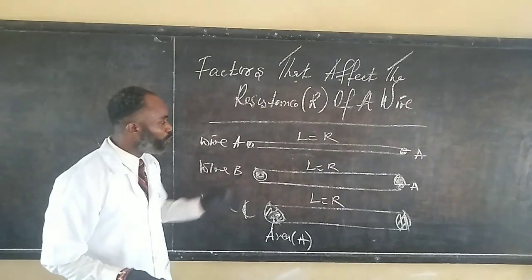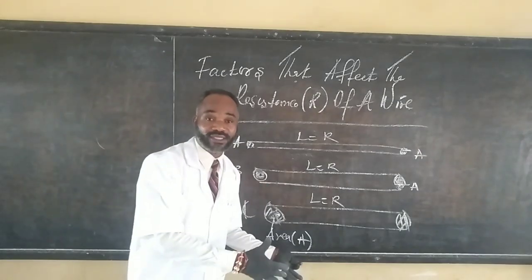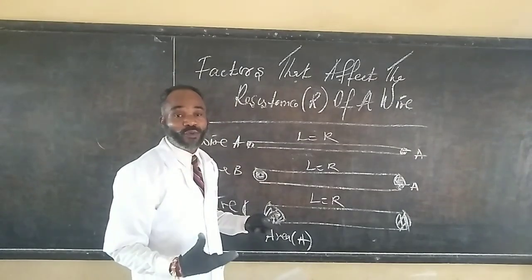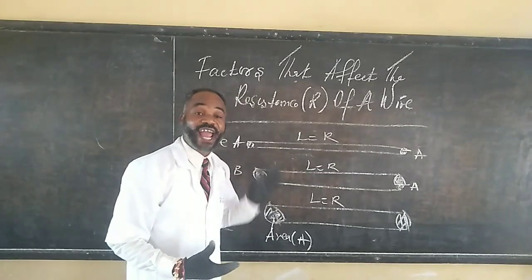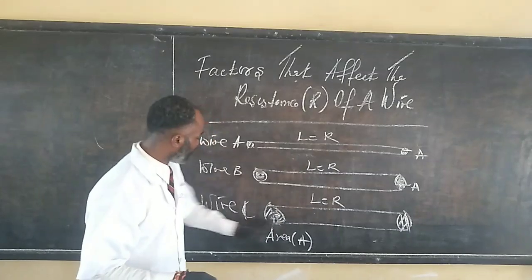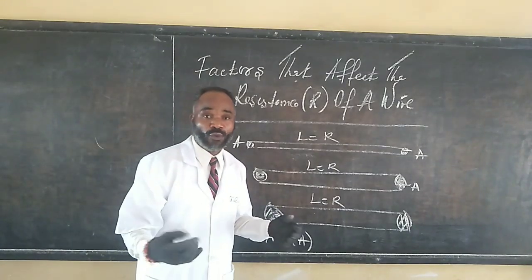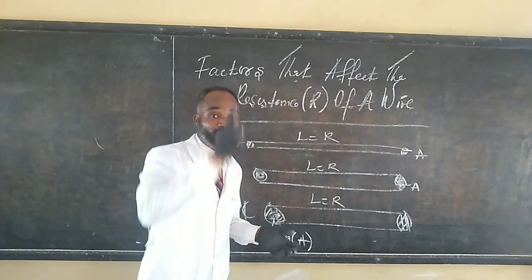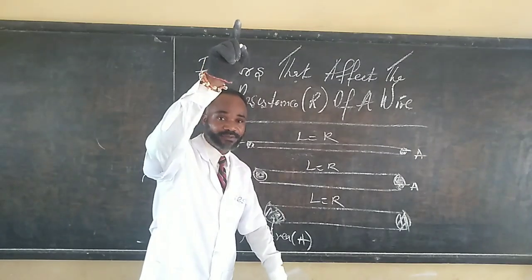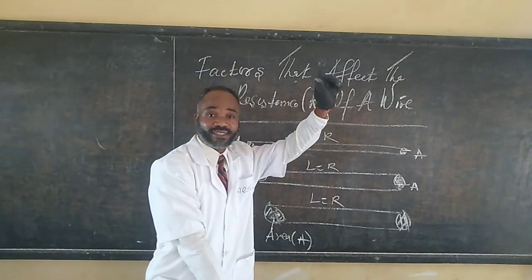Which of the 3 wires, A, B, and C, do you think will have high resistance and low current, or high current and low resistance?